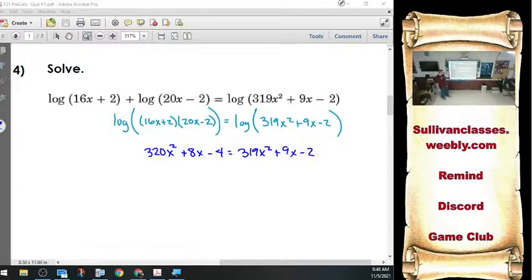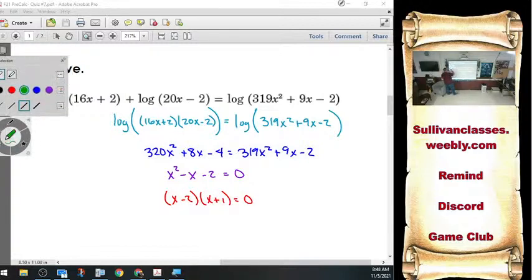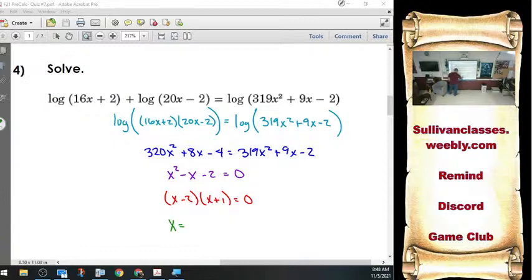Yeah, it looks like a big number, it looks scary, but then put everything on one side and you get x squared minus x minus 2. So x minus 2, x plus 1, x is 2 and negative 1.